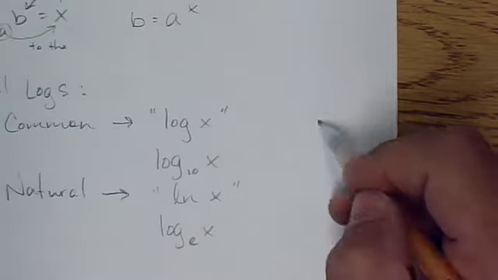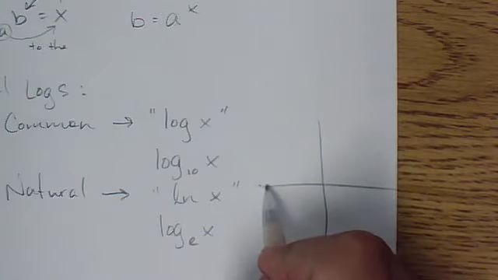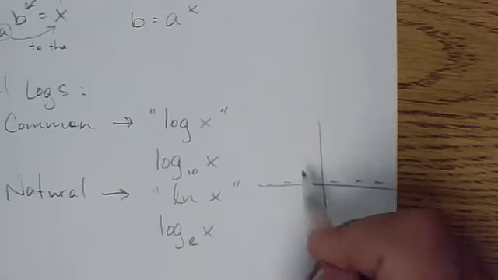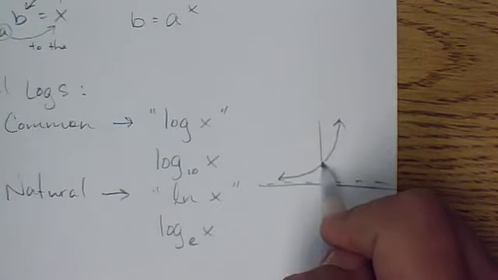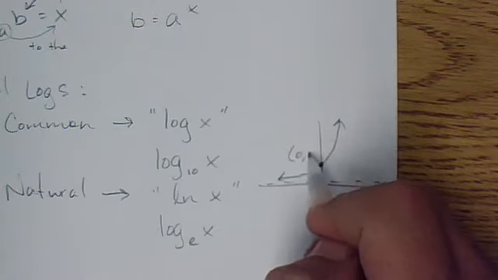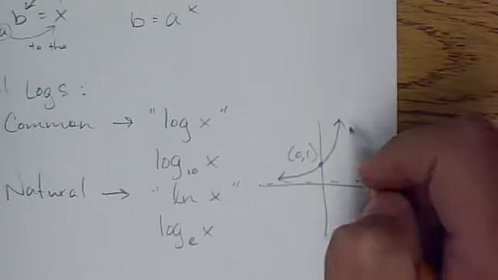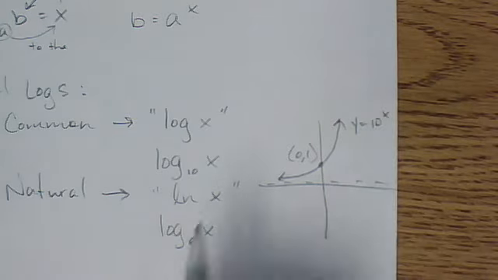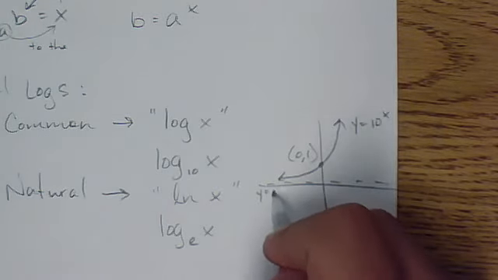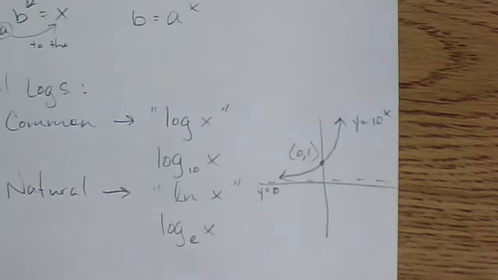Just a quick reminder of what the graph looks like. An exponential looks something like this. The graph goes through 0, 1. So let's say this is y equals 10 to the x, and I've got an asymptote at y equals 0.